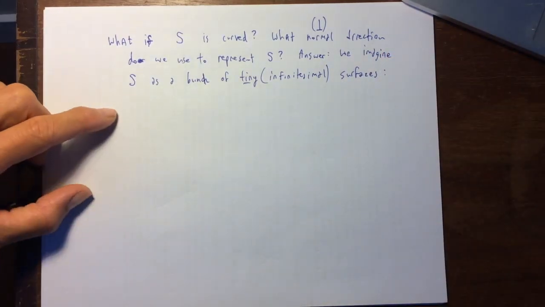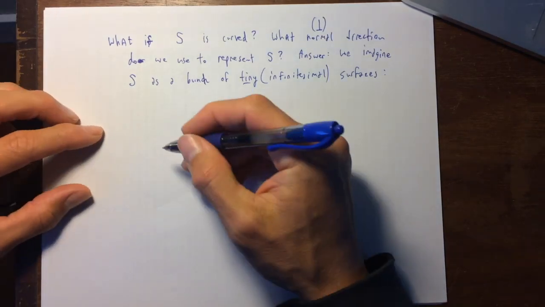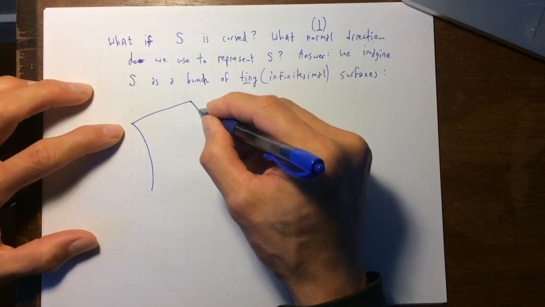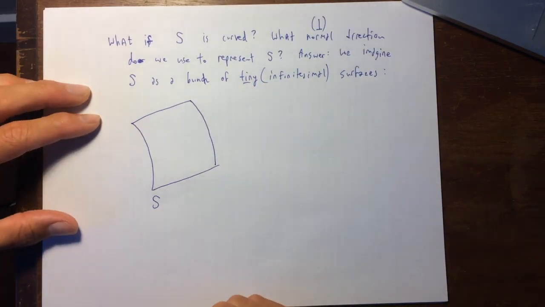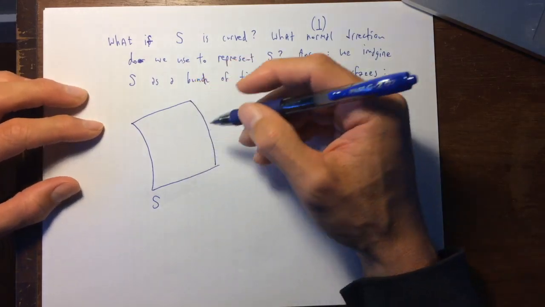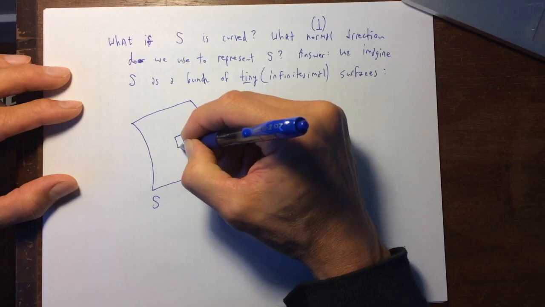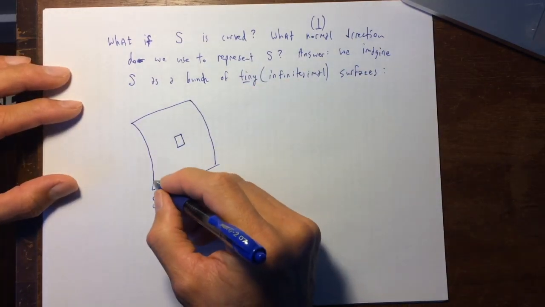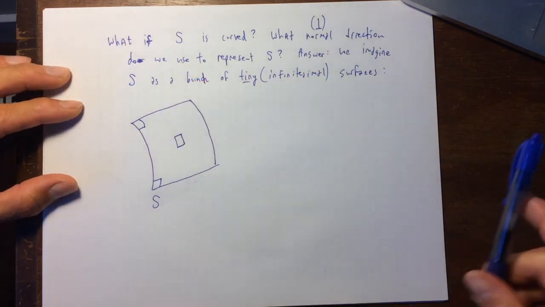So what's this going to look like? Let's imagine S is this surface. And if we walk around on the surface, like down in the center, this right here is a small piece of the surface. And over here is a small piece, and up here is a small piece.